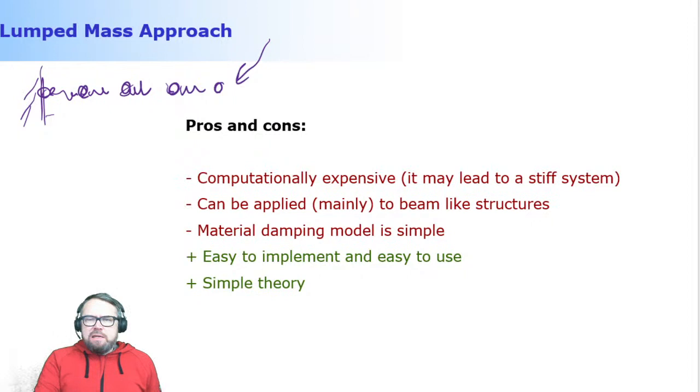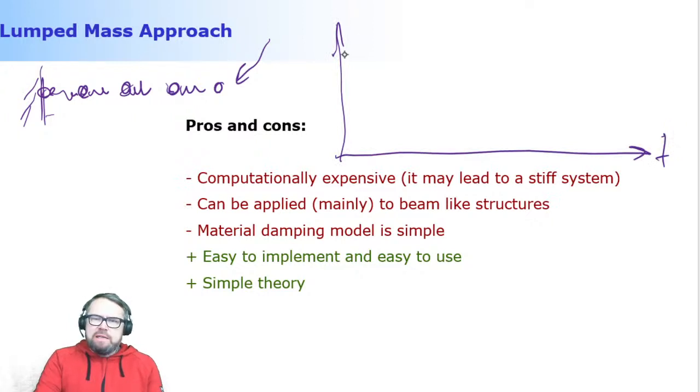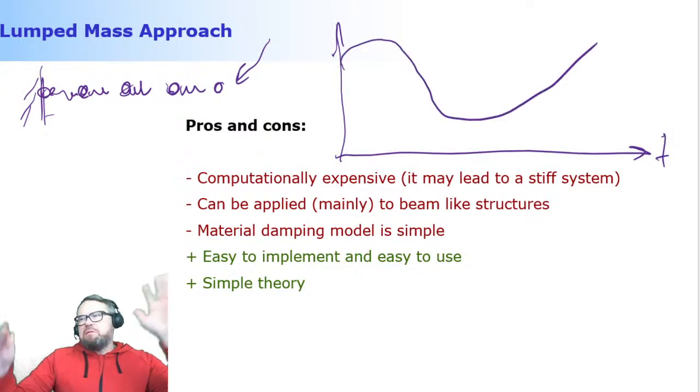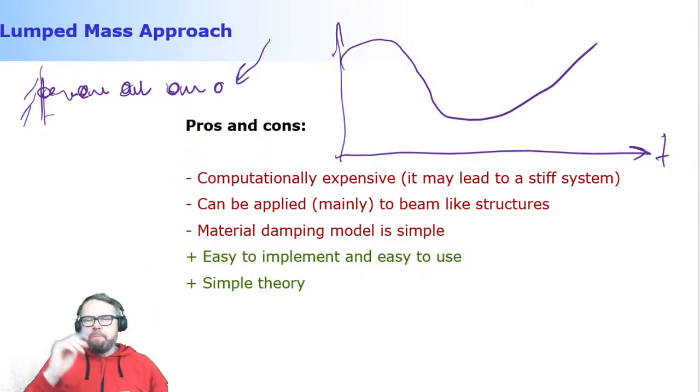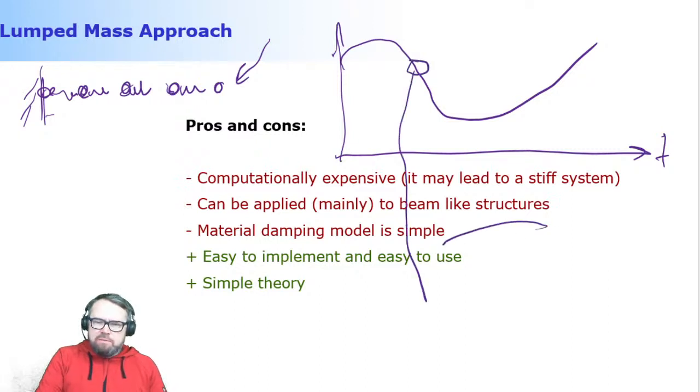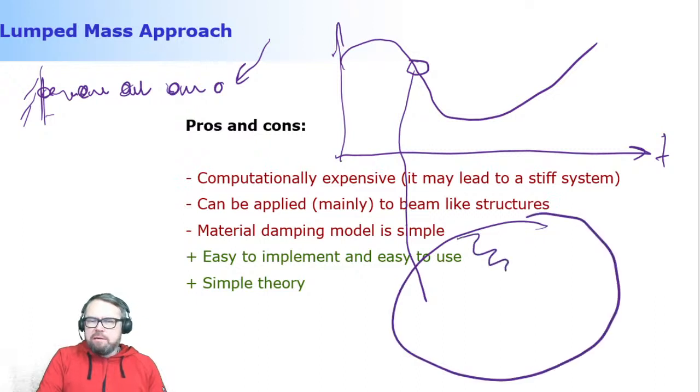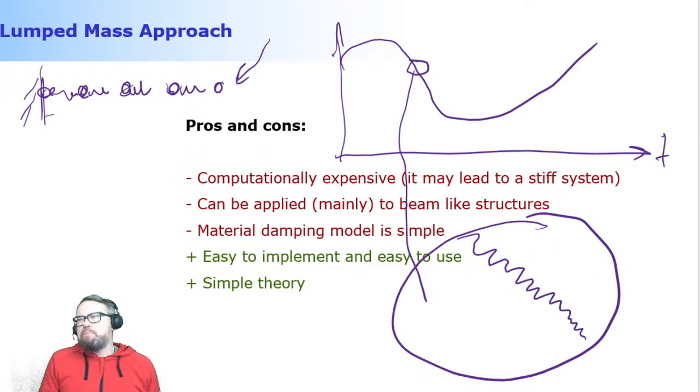How can you see that? When you look at the final responses of the structure, they would be something like this. This is time, and this is the response. So the response would be something like this. But if you take a small portion of the result and magnify it like this, you see this kind of behavior, which is hard to see in the big picture.